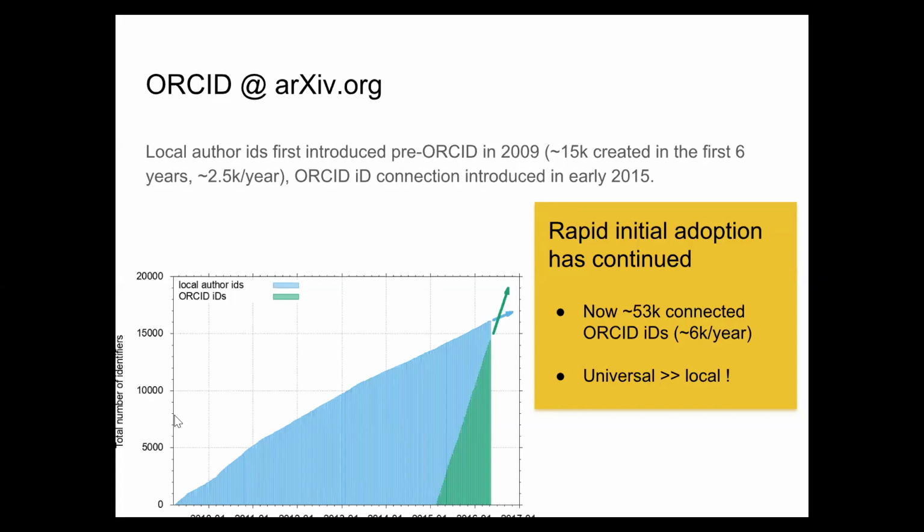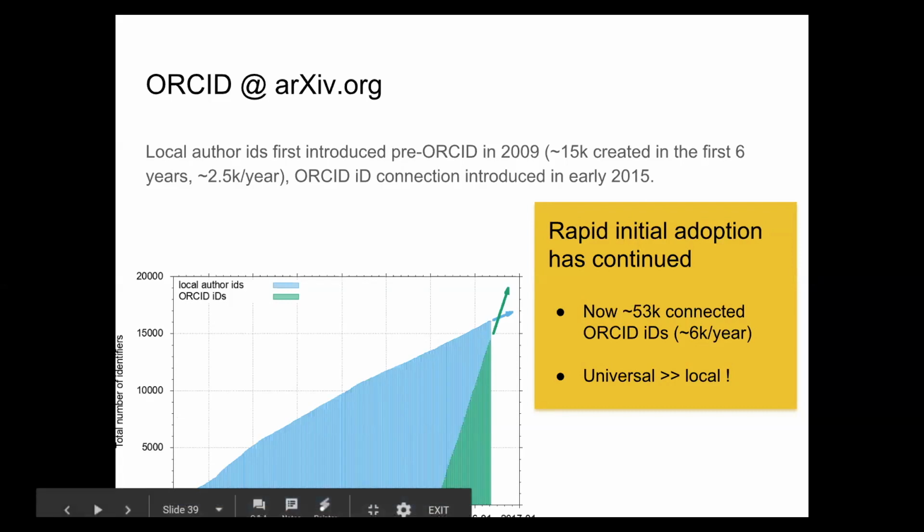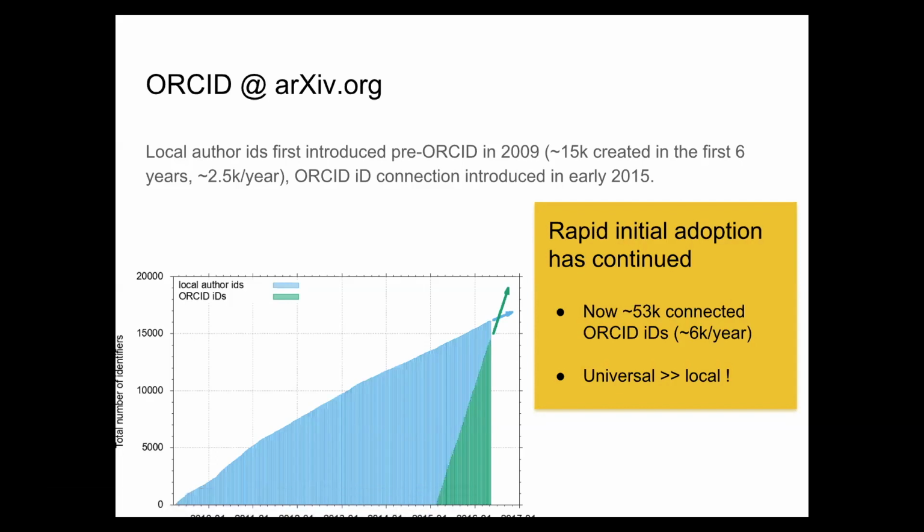Somewhere in early 2015, and I noticed the time axis appears cut off on my slide here, we introduced the ability to instead connect to an ORCID ID. And that's the switch over from the big blue portion of that graph to the green portion.